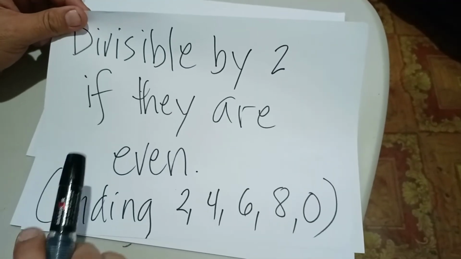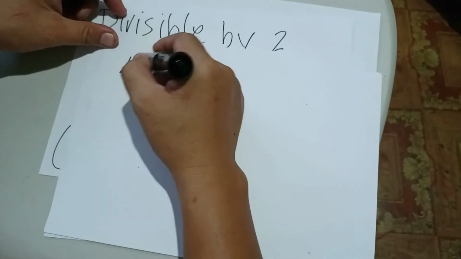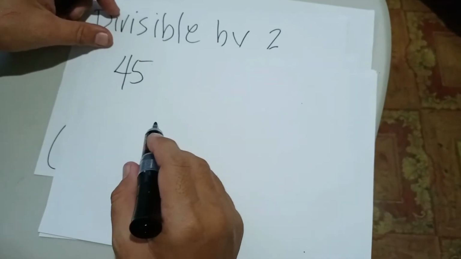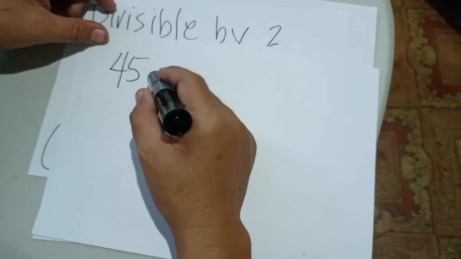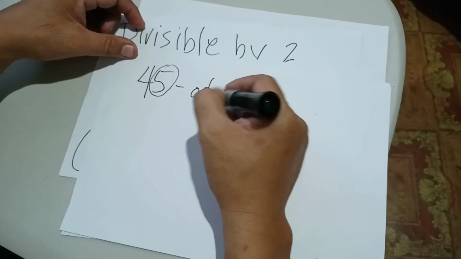Okay, such as, example, I have 45. Is 45 even or odd number? So since the last digit is 5, it is an odd number.